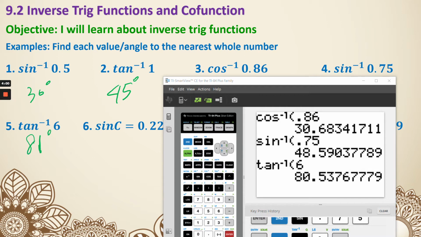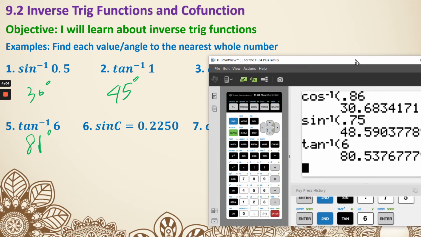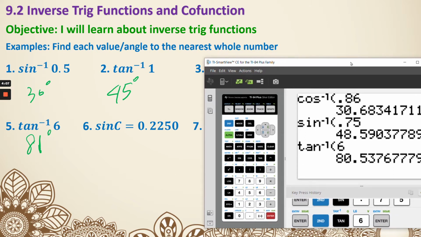Number 6 looks slightly different, but it doesn't change anything. So that one is just sine C equals that value. And we can represent the angle C using the inverse function. So C is the inverse of 0.2250.